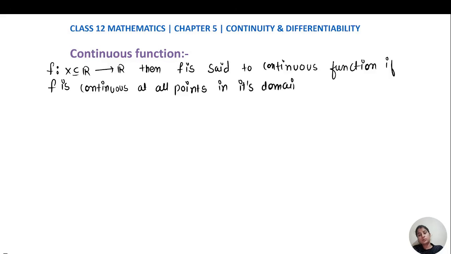This is just the normal definition. The function is said to be continuous when it is continuous at all its points.